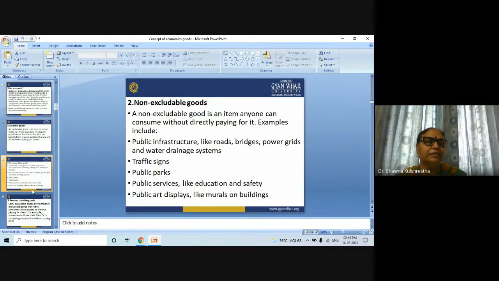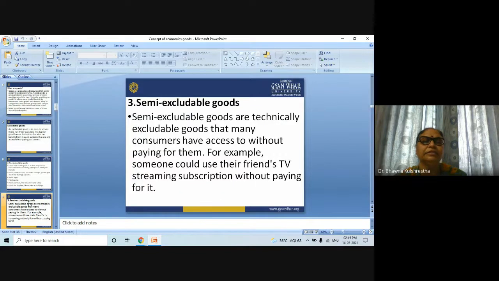And the next is semi-excludable goods. Semi-excludable goods are technically excludable goods that many consumers have access to without paying for them.